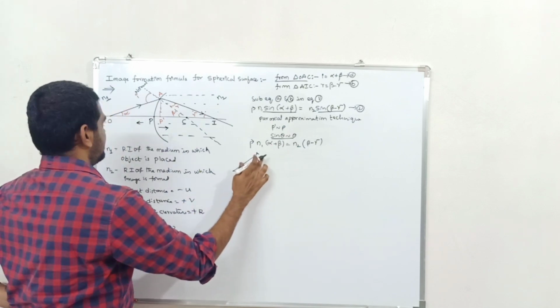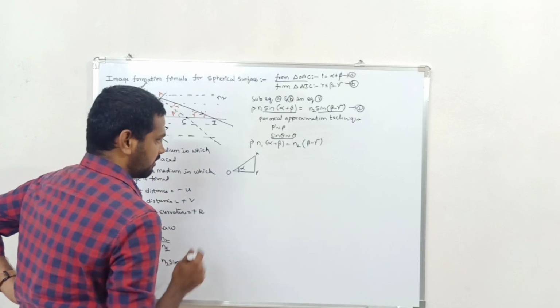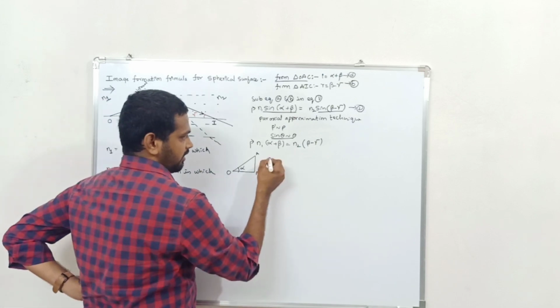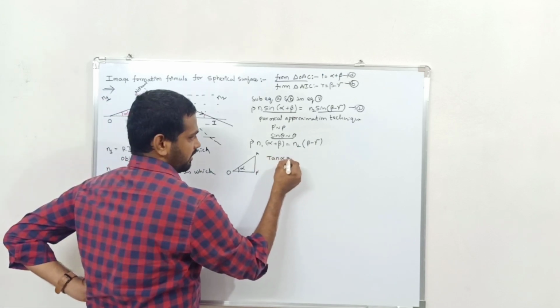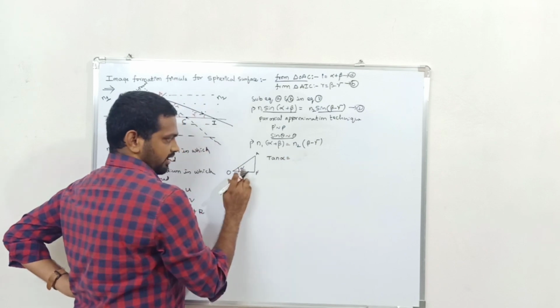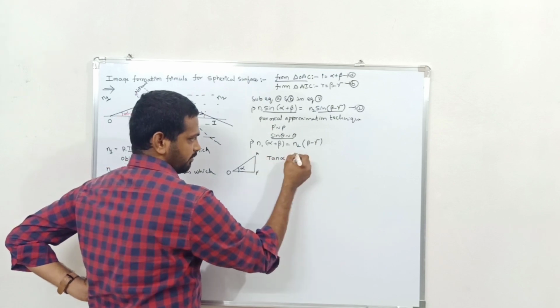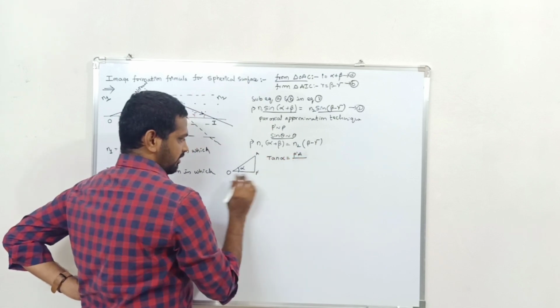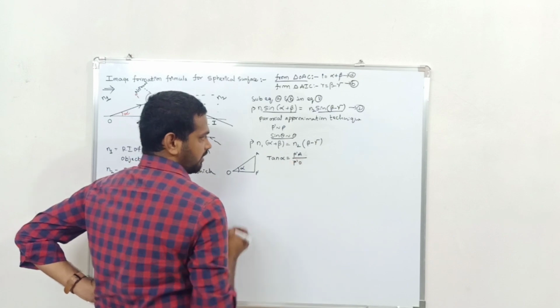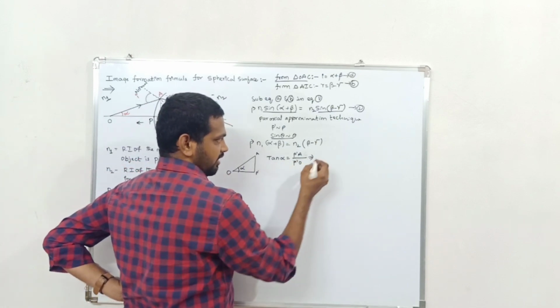Now from the right angle triangle, I am going to take P dash A, O. At the O you have the angle alpha. Tan theta can be written as opposite side divided by adjacent side. So the opposite side value is P dash A divided by P dash O. Now I am doing the paraxial approximation technique for tan alpha.